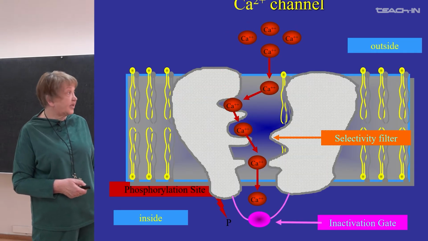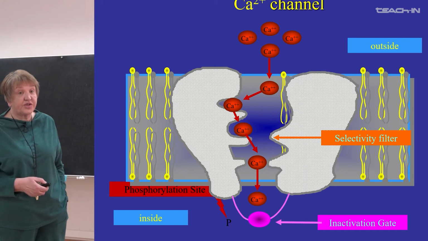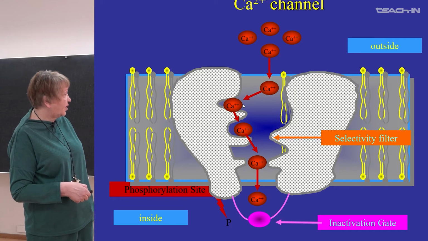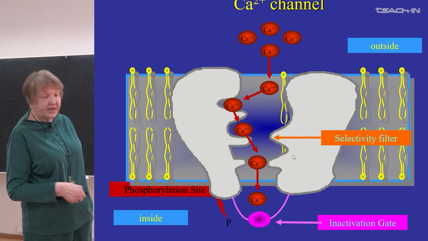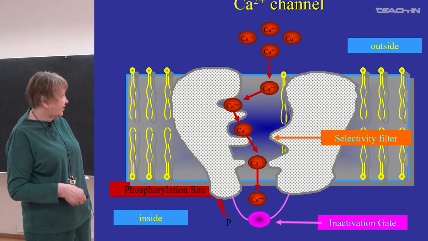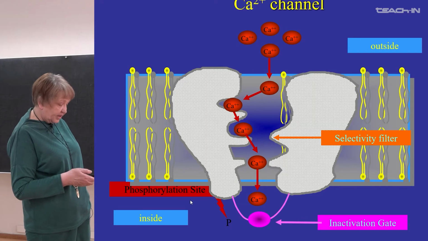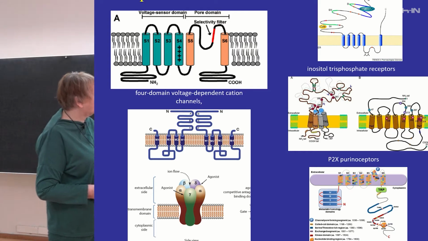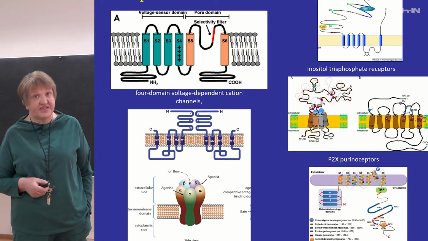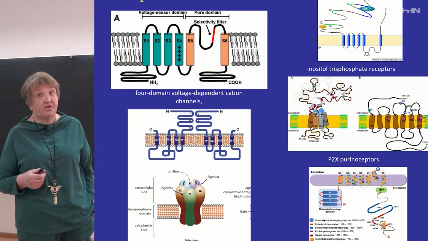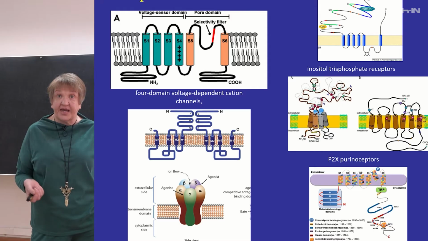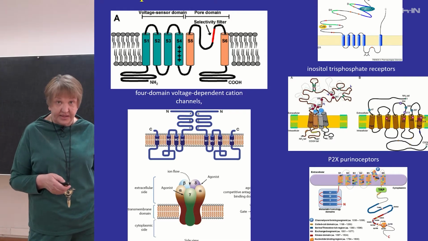So calcium channel is structured similar to any other channel, and it has a pore, a selectivity filter, an inactivation gate, and different phosphorylation sites. Calcium channels were extensively studied in animals, and a lot of drugs are based on the effect on calcium channels.